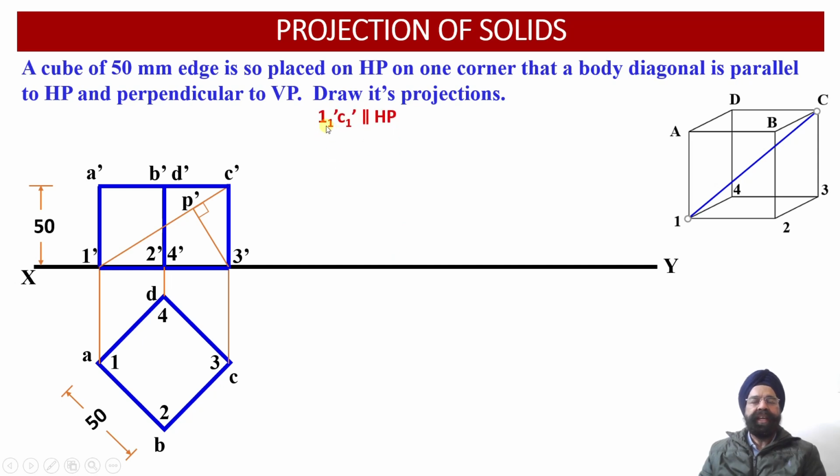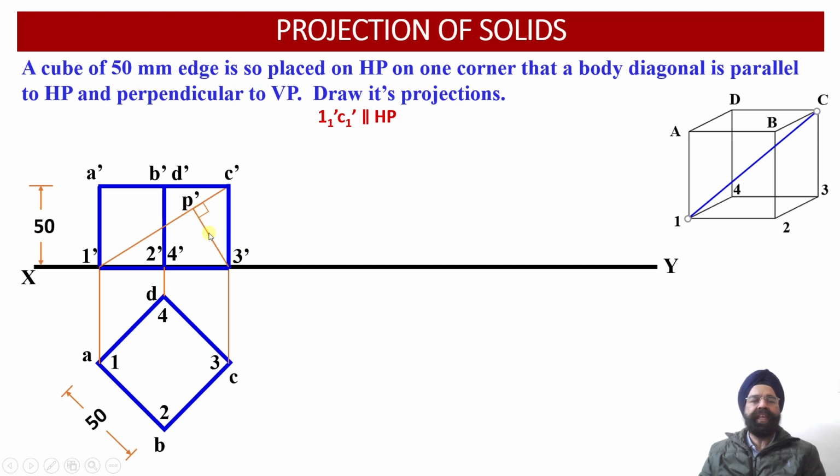So please check, we have to ensure the inclination or rotation of this cube in such a way that this body diagonal, which will now become 1 1 dash C1 dash, becomes parallel to the horizontal plane. And how much should be the distance of this body diagonal from the horizontal plane?